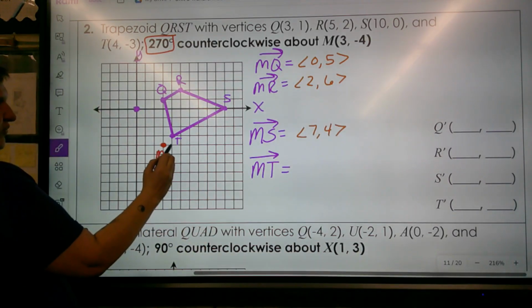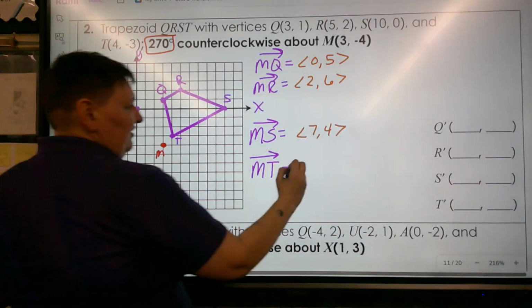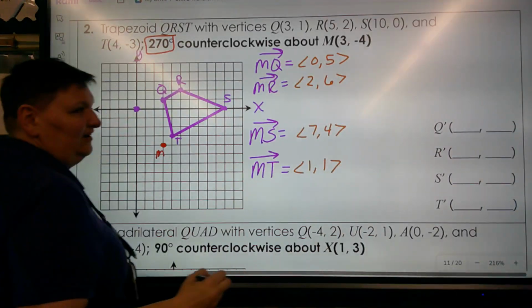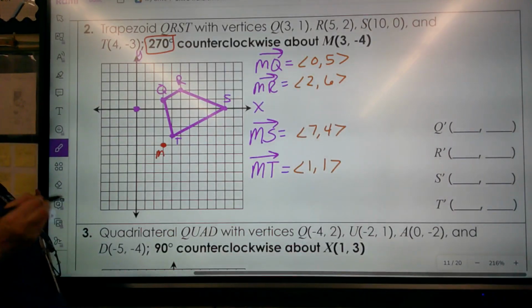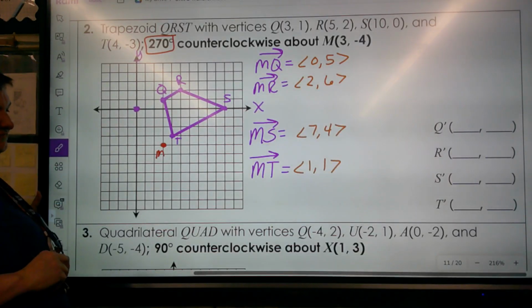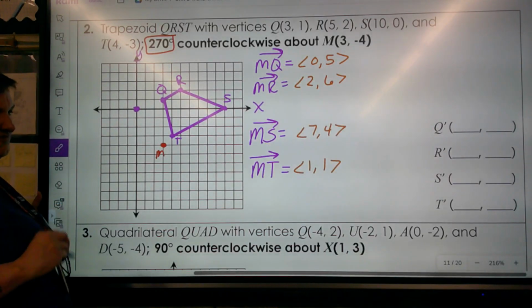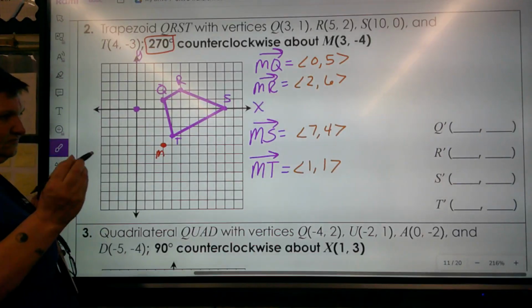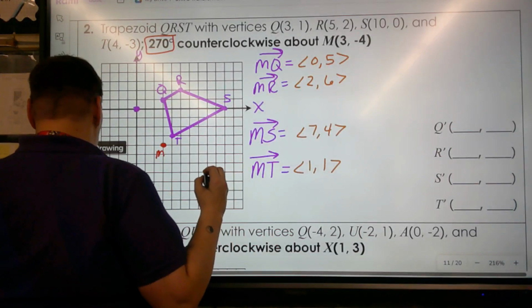And to T, we went 1 right, 1 up. You'll notice I always do the left and right first, because on coordinates, the X always comes first. Coordinates alphabetical, X, Y. So I just always do my left and right first, just so I don't get confused.